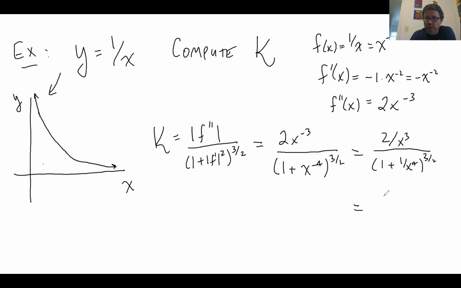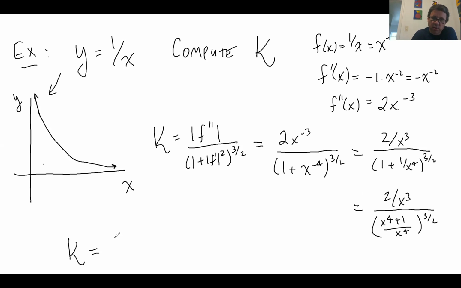So I can write this as 2 over x cubed. Common denominator on the bottom will be x to the 4th plus 1 over x to the 4th, raised to the 3/2 power.